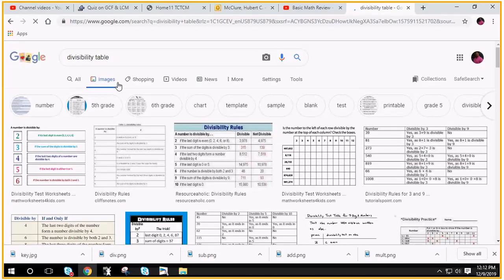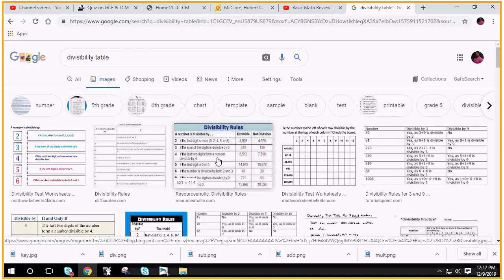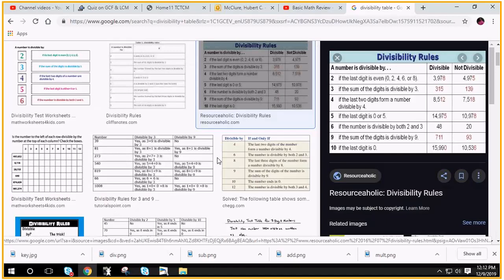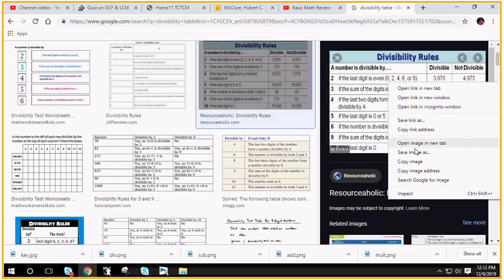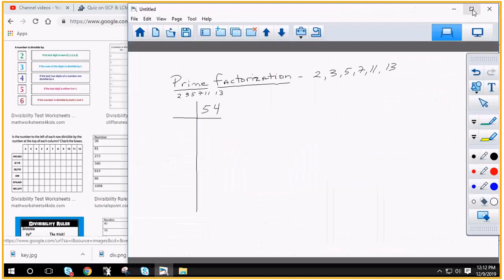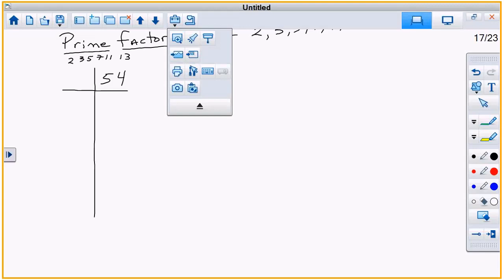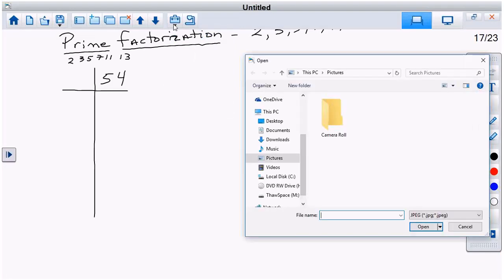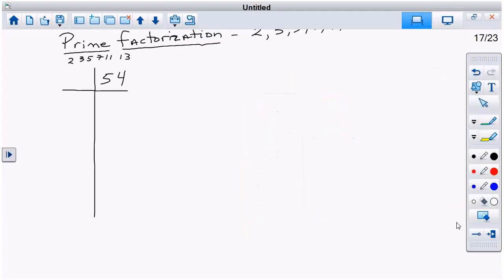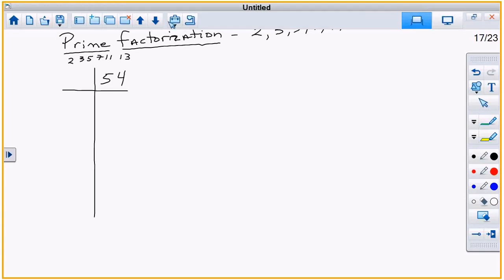And there's your divisibility tables. I'm going to copy one so you can look at it, and bring my handy dandy whiteboard back up and paste it in.